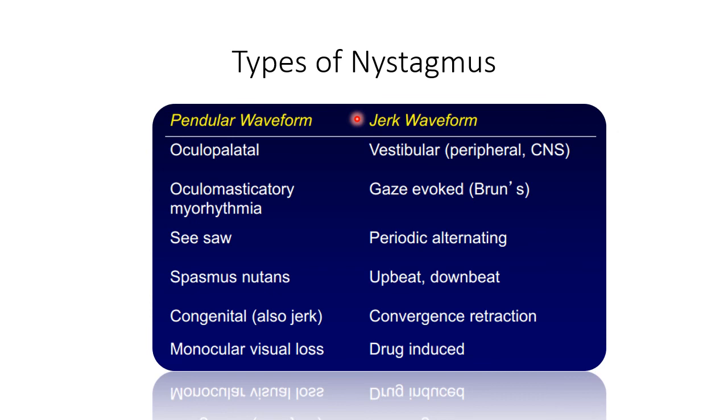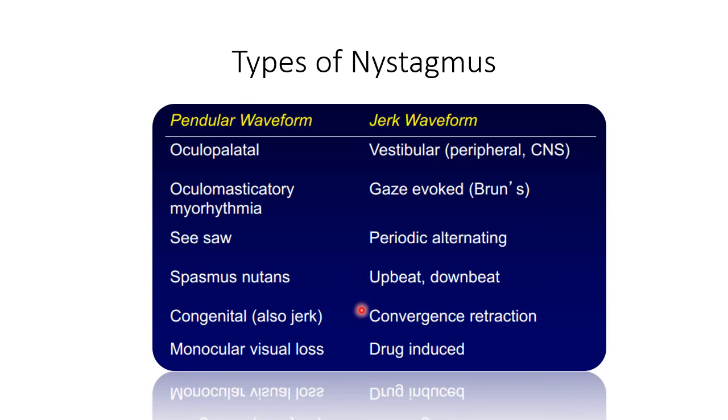Jerk nystagmus is seen in vestibular diseases, either peripheral or central. Gaze-evoked nystagmus can occur specifically with Bruns' nystagmus, which is a lesion in the CP angle, and then you can have periodic alternating nystagmus, which starts in right gaze and then after 90 seconds or so switches to the left gaze. Then you also have upbeat nystagmus as well as downbeat nystagmus, which are jerk waveforms.